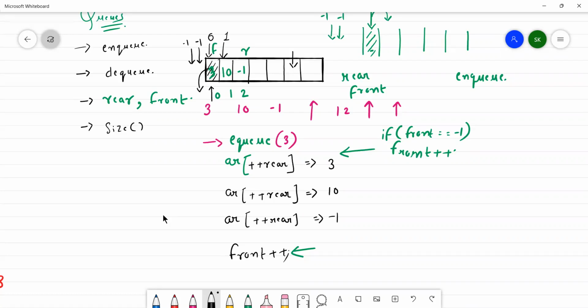Bhuvnesh, what are you saying? Kishan, it will be the opposite. It will be rear minus front. If you do rear minus front, 2 minus 0, 2 plus 1. This is the formula for size.